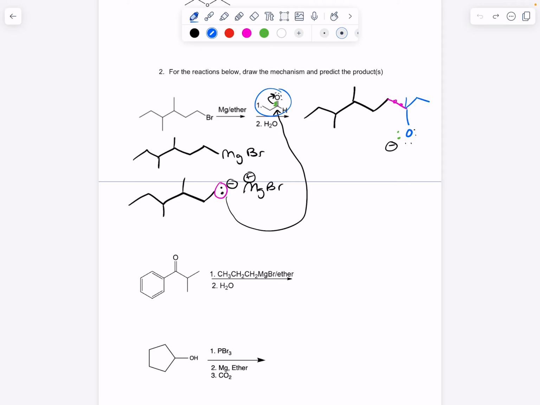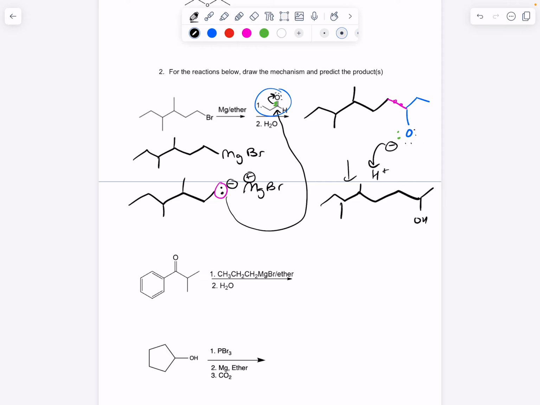You don't have to draw it in though because it's implied. So this is the first reaction mechanism, and then if you add water, actually, H3O plus would be better, I think. But you can basically know that that acts as H plus, and you will get an alcohol. And you still have this and this.